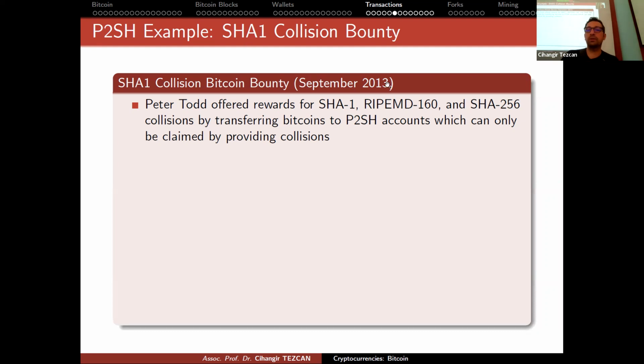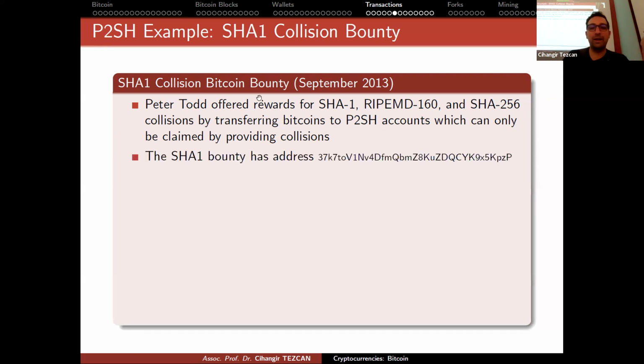So in 2013, he created a pay-to-script hash for all of them and transferred money to this wallet address. But anybody who has a collision can withdraw it. So nobody owns the public key for that wallet address because it doesn't have a public key. The script actually works whenever you provide a collision.